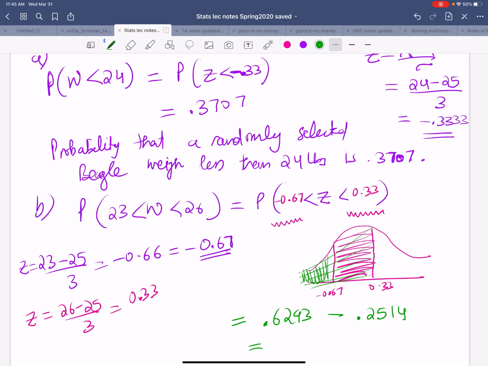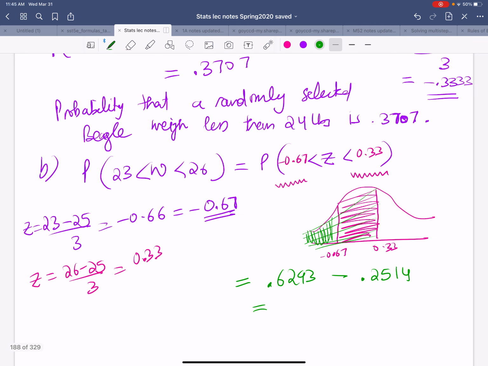So 0.6293 minus 0.2514 turns out to be 0.3779.